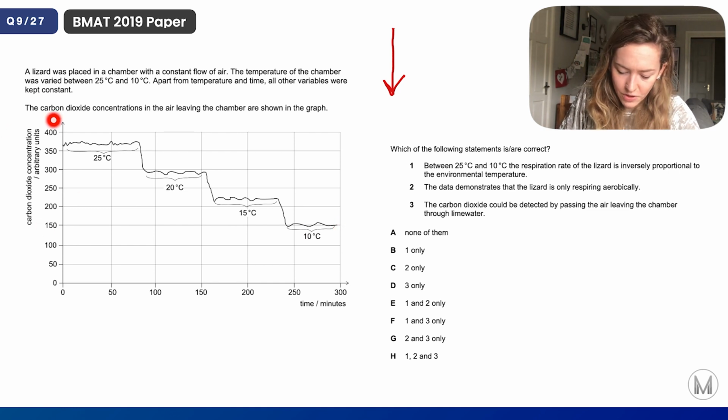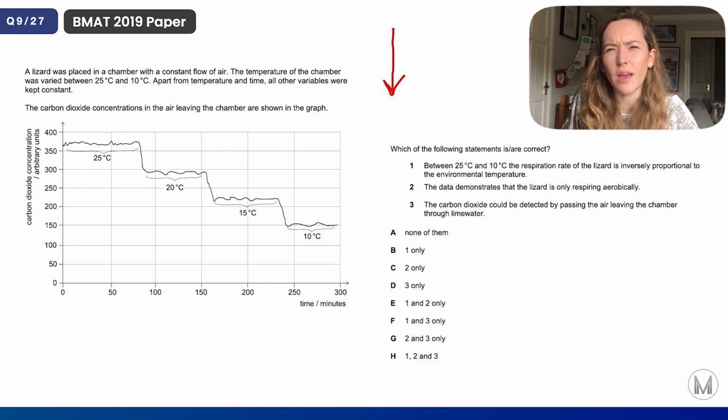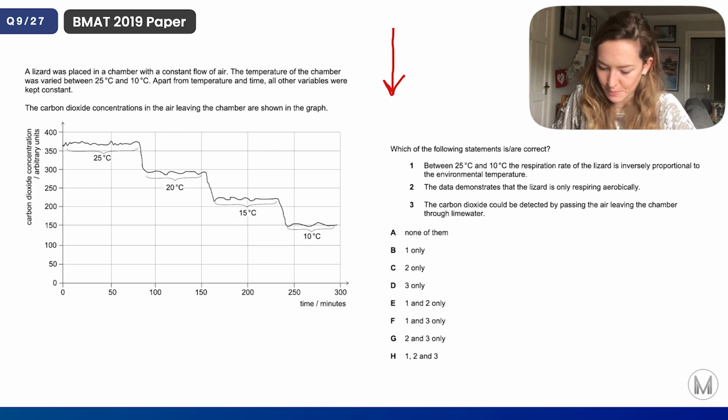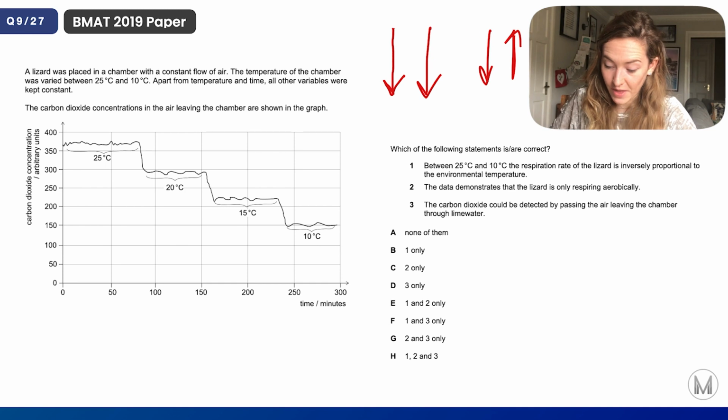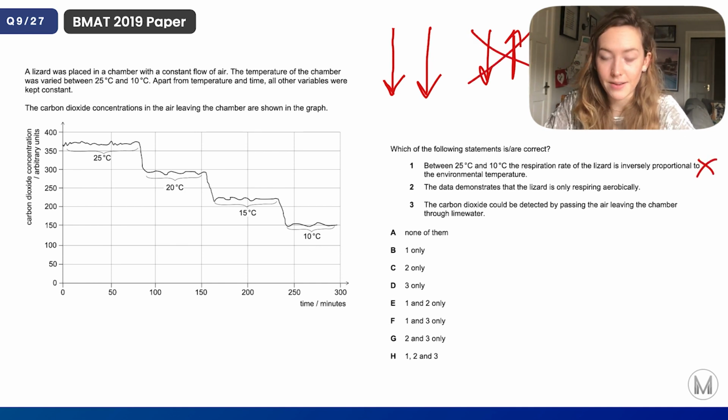Well, the amount of carbon dioxide that I'm producing is also decreasing, which is suggesting that as the temperature decreases, my rate of respiration is also decreasing because less carbon dioxide is being made. That means that I've got a directly proportional relationship between the two, not an inverse one. If it was inverse, we'd have one decreasing while the other one is increasing. So statement 1 is incorrect.